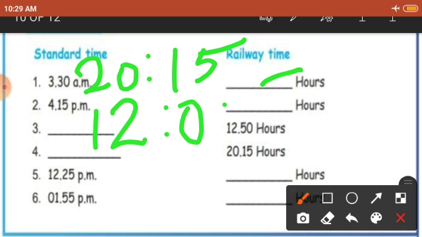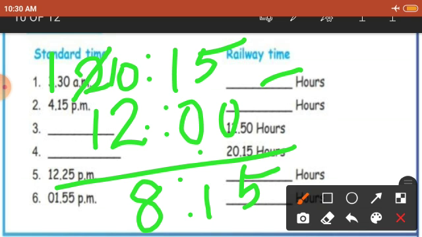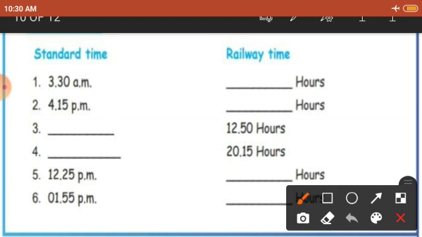So 5 minus 0, you will get 5. 1 minus 0, you will get 1. Next is the colon symbol. Next here is 0. 0 minus 2 is not possible. Borrow 1 from here. This will become 1 and this will become 10. So 10 minus 2, you will get 8. And here 1 minus 1, you will get 0. So this is actually 8:15 p.m. So you have to write 8:15 p.m.